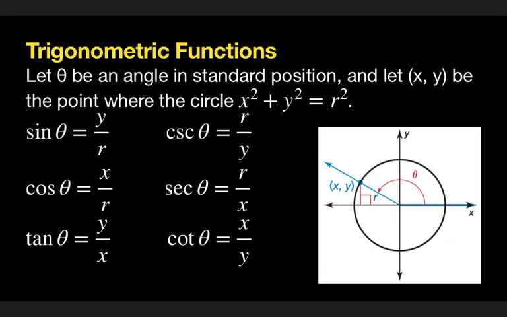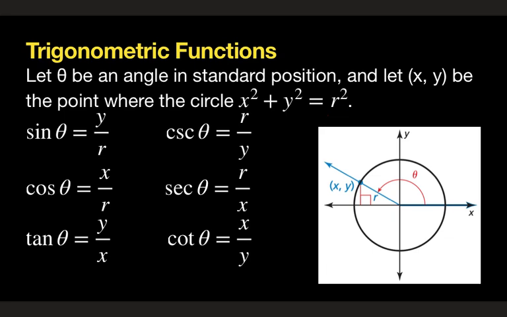The basic ones that we know already from the unit circle are sine, cosine, cosecant, secant, cotangent, and tangent. And we know that using the Pythagorean theorem, we have x squared plus y squared is equal to c squared.